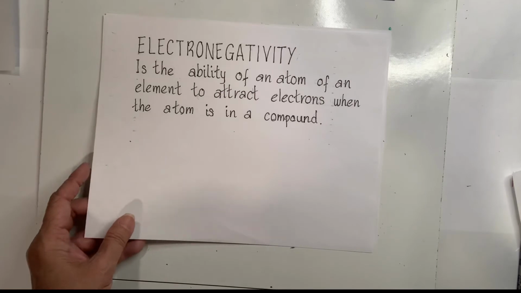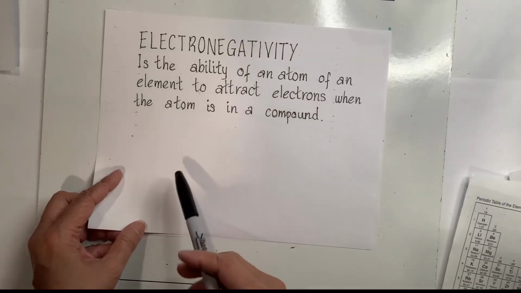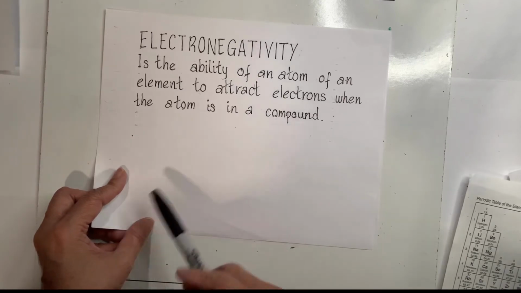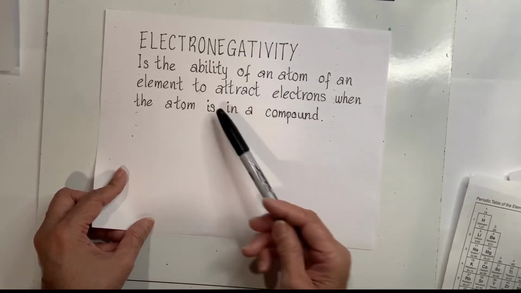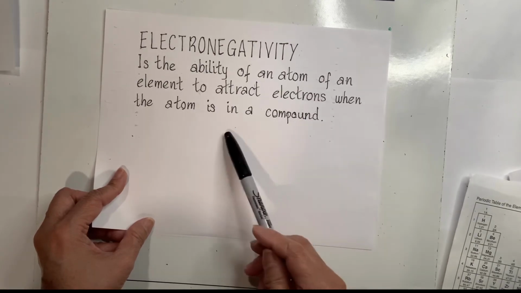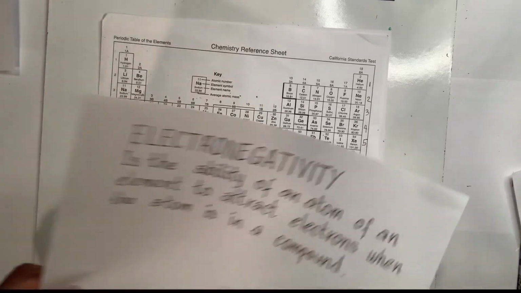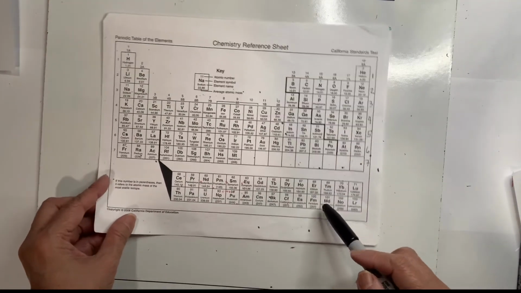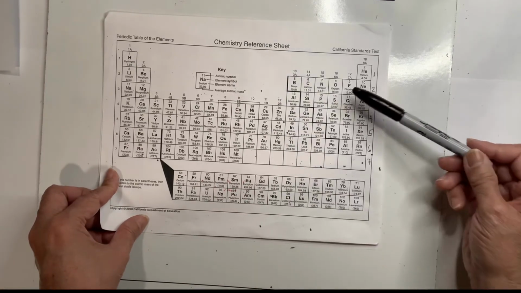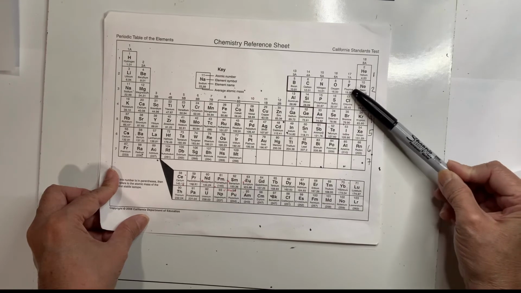Let us have electronegativity. But first, we have to define what is electronegativity. Electronegativity, as we learned in our previous lesson, is the ability of an atom of an element to attract electrons when the atom is in a compound. And we learned that the highest electronegative values belong to these non-metals, especially F, fluorine.